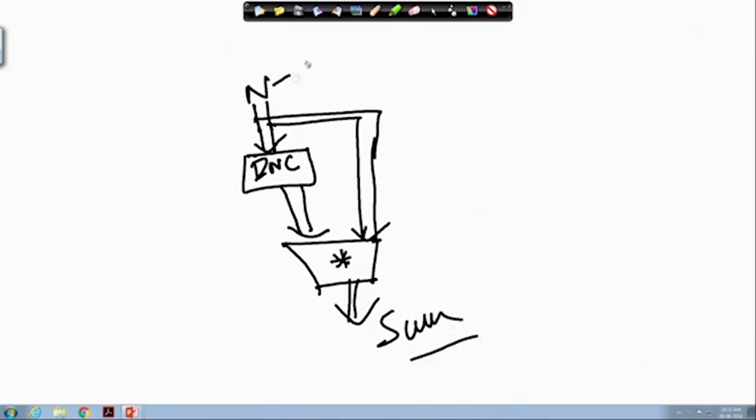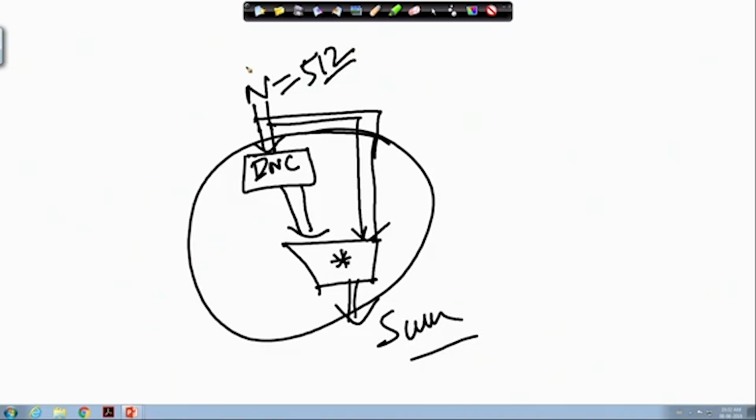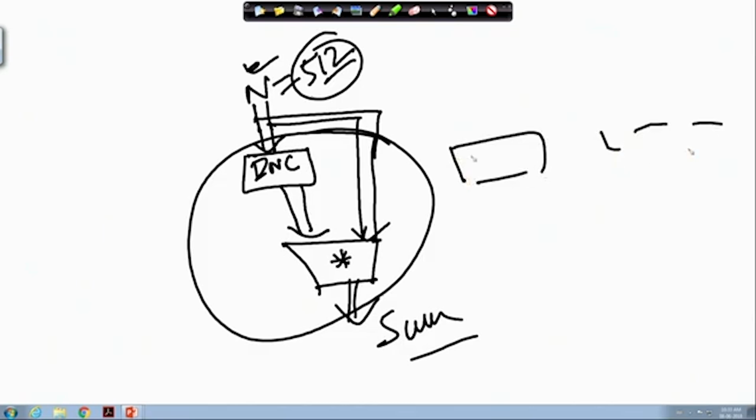Whenever the n value is 512, I do not need to change anything here; I only need to load the value of n once. For 512 or 1024 or 2048, I do not need to describe any other adders, which I have to do in the previous case. So for those types of applications where circuit implementation is needed, I will follow this kind of architecture.